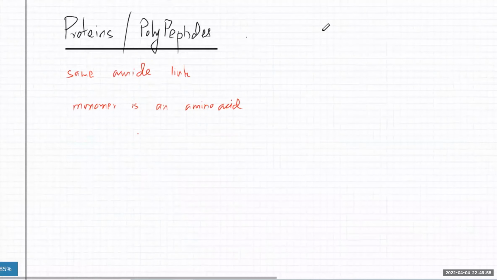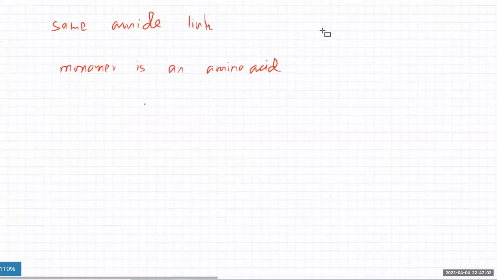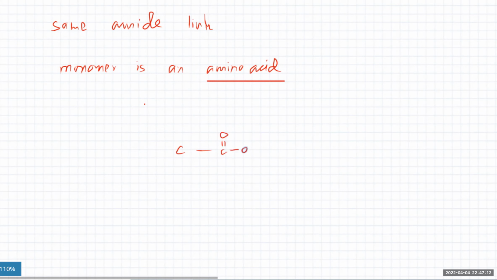So that's an amino acid. What's an amino acid? It's a carbon atom, an alpha carbon, attached to a carboxylic acid group on one side, so it's got double bond O and OH, and it's got an amine group on the other side, NH2.